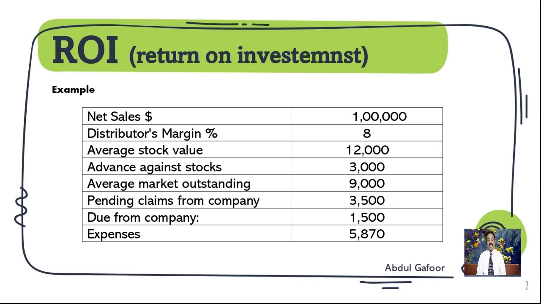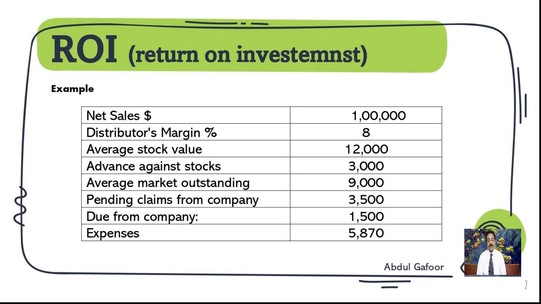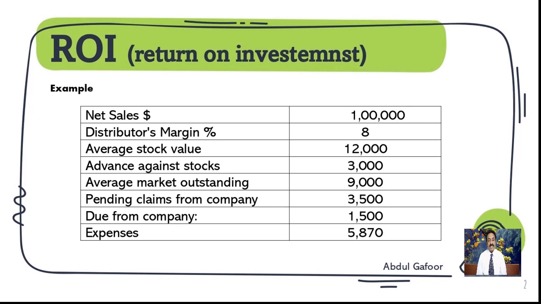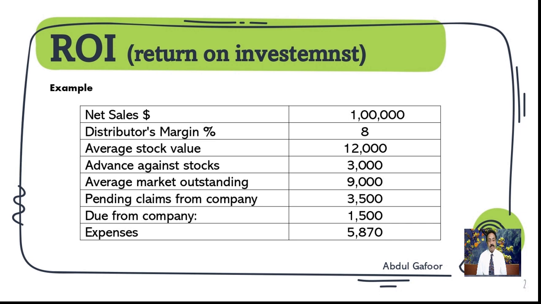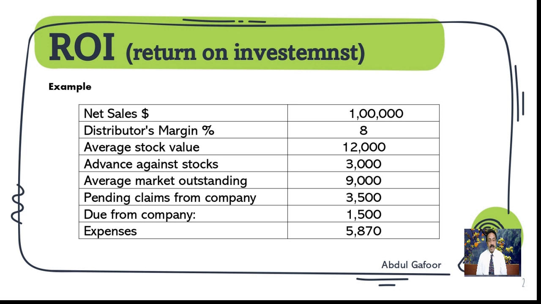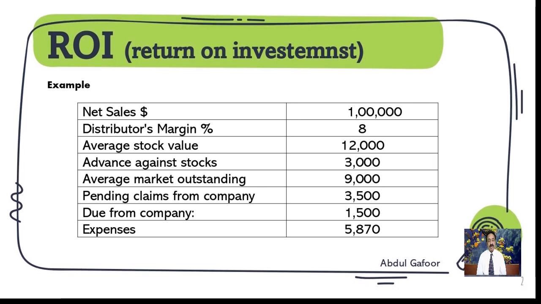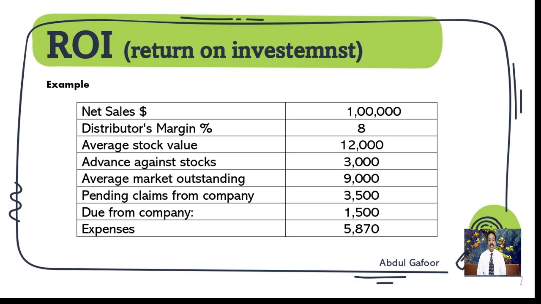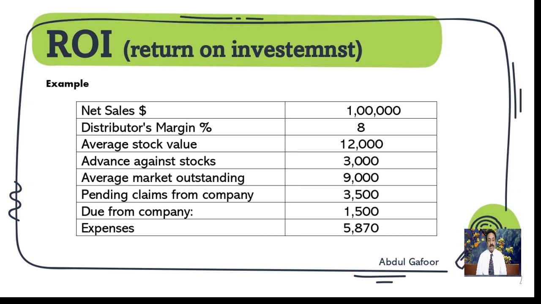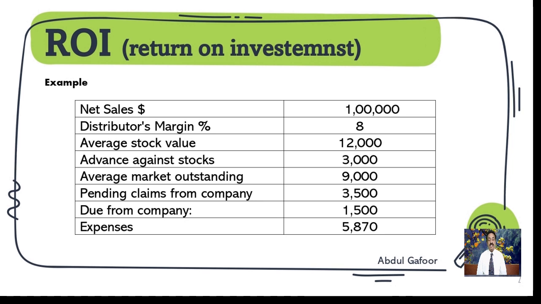Advance against supplies is $3,000. Market outstanding is $9,000. Pending claims from the company is $3,500. Due from the company is $1,500. His total expenses are $5,870. Now let us calculate the ROI considering this case study.